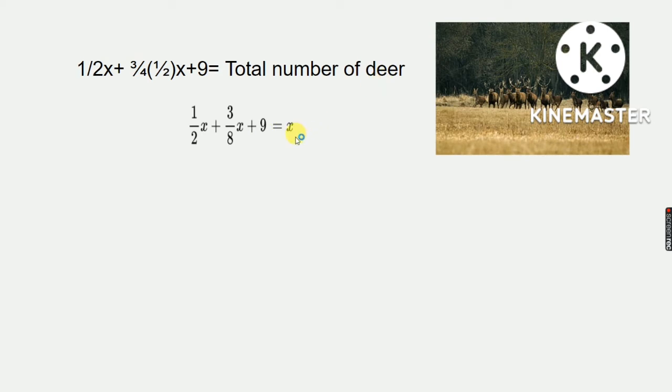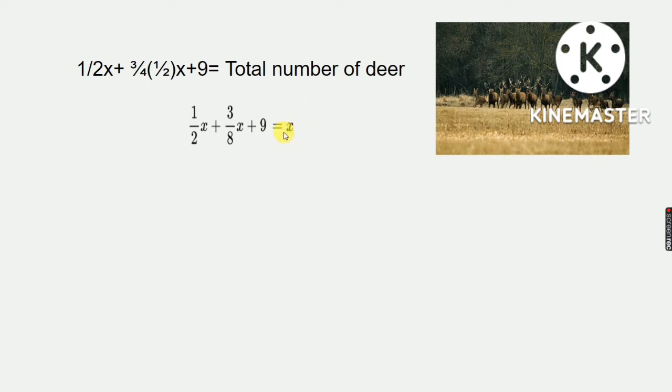Now it has become a simple linear equation which we have solved earlier. Now we would shift this x to the left hand side and this constant term to the right hand side, because we have to find the value of variable x.